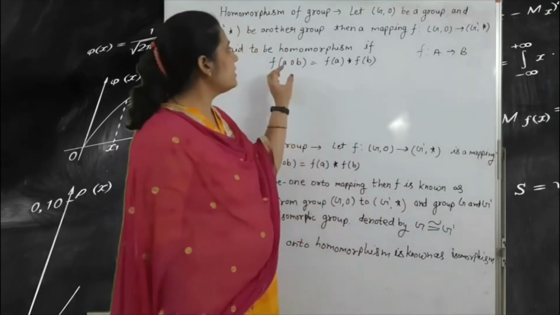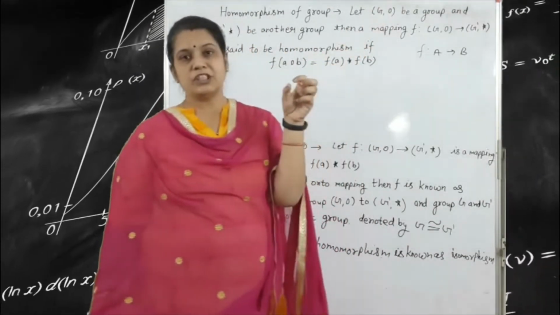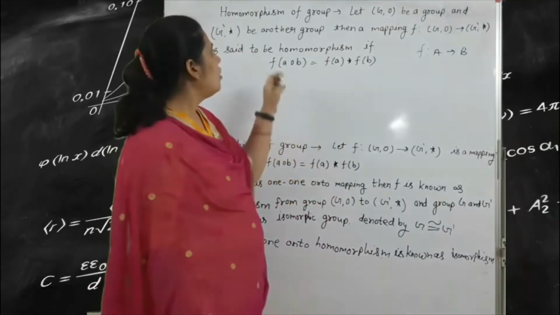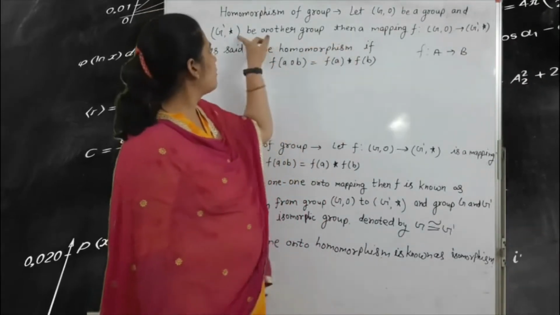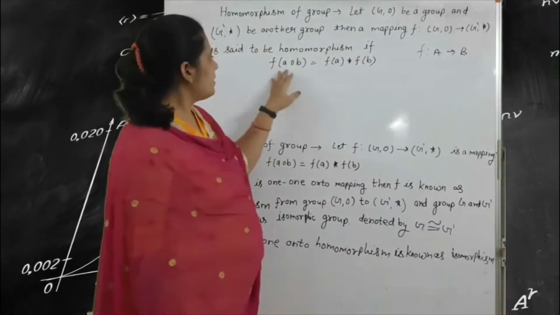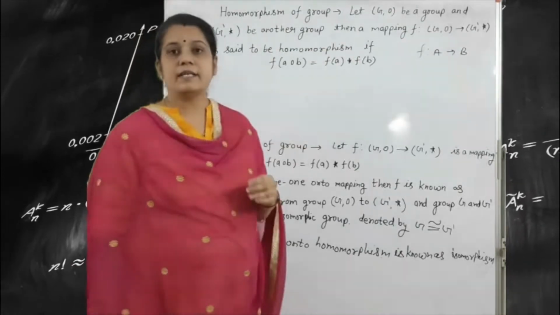Here we have two groups, G and G dash, the operator is O in one and star in the other. So F(A O B) is equal to F(A) star F(B).